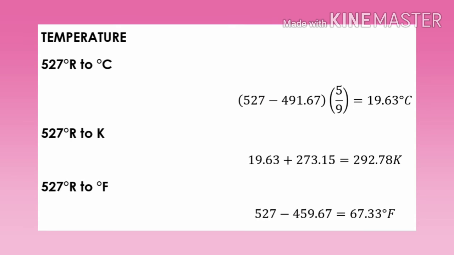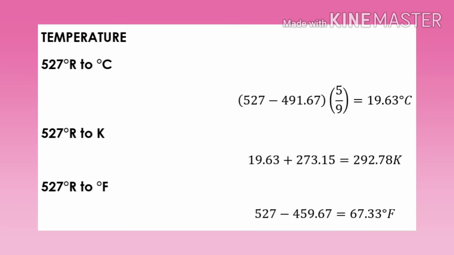Right now, here is the solution to get the degree Celsius from the Rankine. After getting the degree Celsius, we can now get the Kelvin of the 527 degree Rankine. To get the degree Fahrenheit of 527 degree Rankine, we only have to subtract 459.67 from 527, and it is equal to 67.33 degree Fahrenheit.